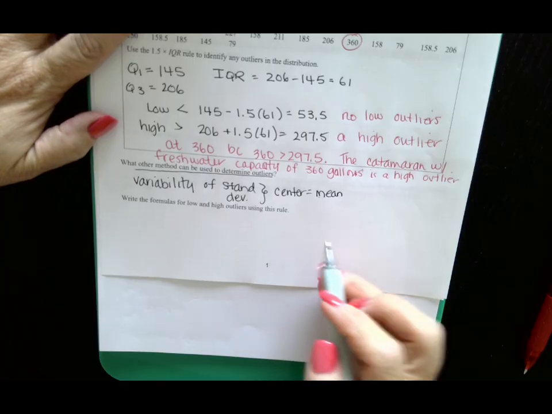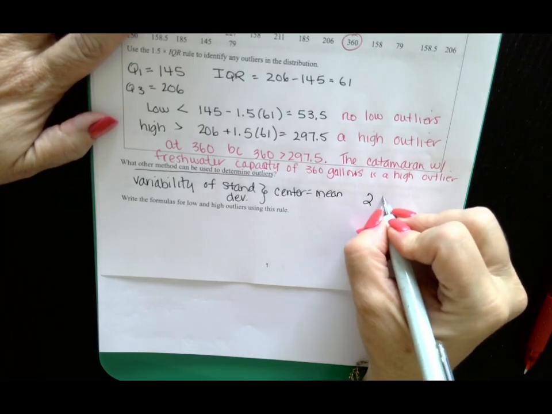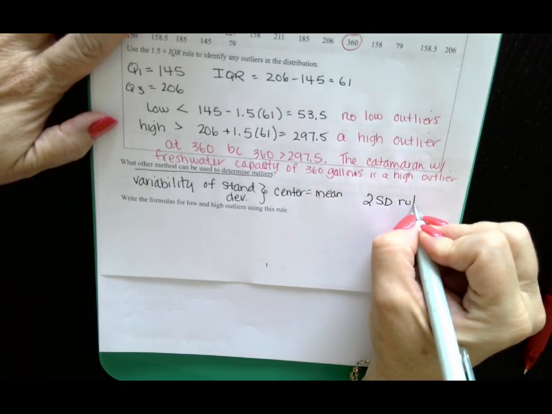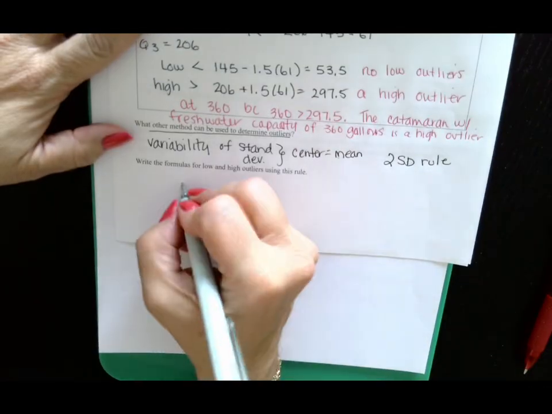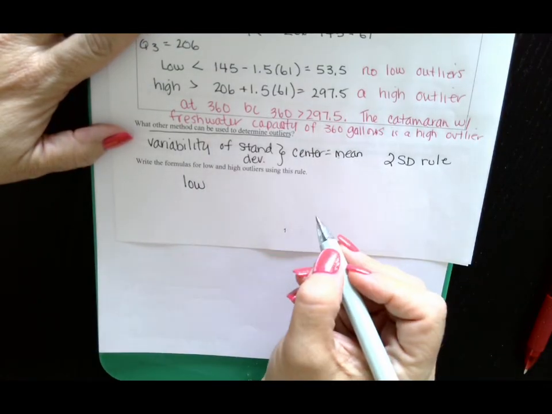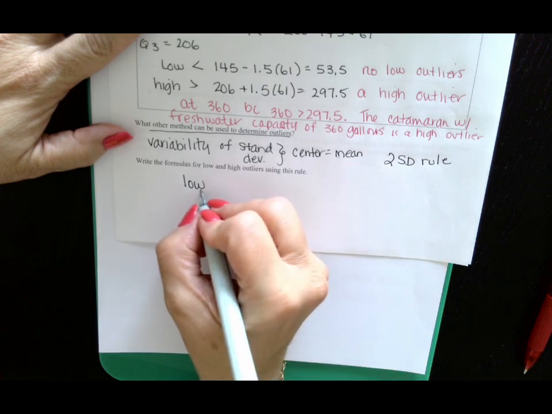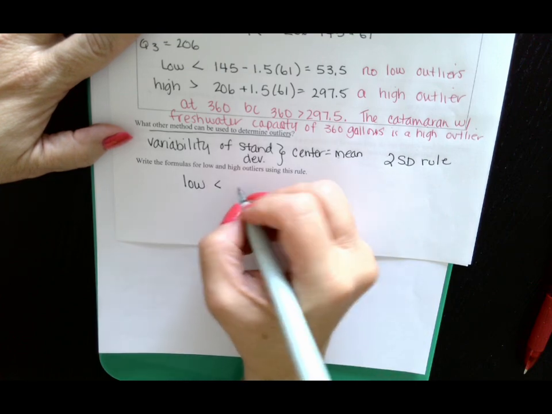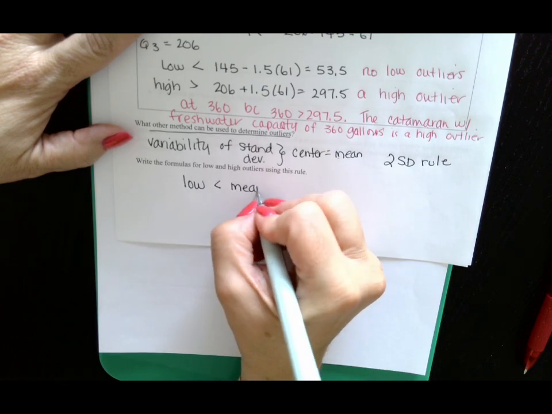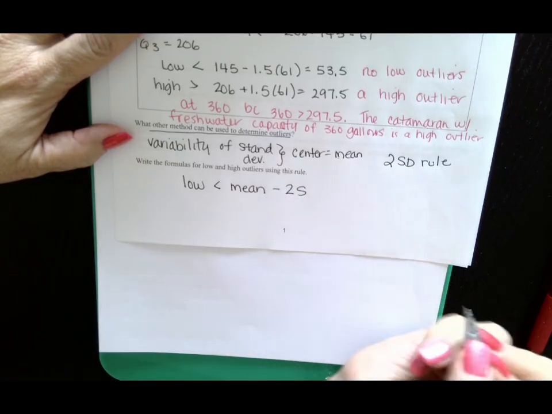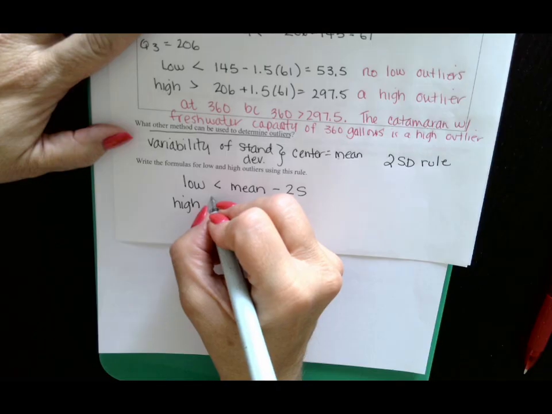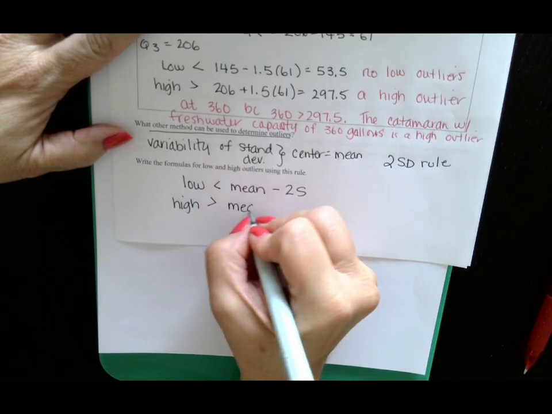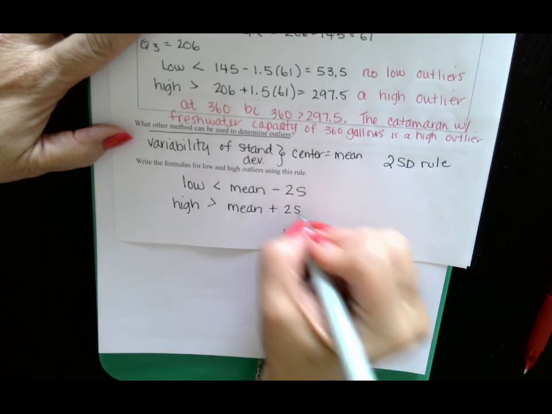And the rule for this is a 2 standard deviation rule. All right, so here's what that looks like. My low outlier for a 2 standard deviation rule means that the outlier occurs if it's less than the mean minus 2 times the standard deviation. And our high outlier is going to be greater than the mean plus 2 standard deviations.